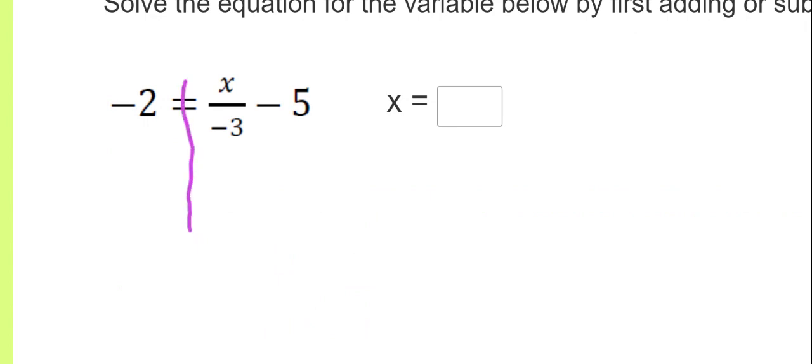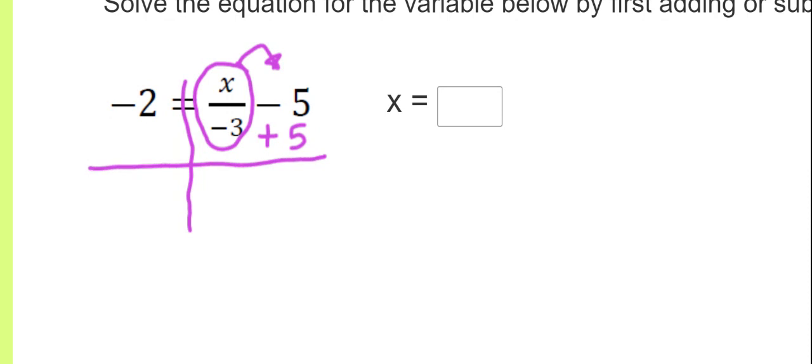Write the whole equation down on your paper, separate the left side and the right side, and then circle the variable term. And then we're going to start on the side with the variable, and we're going to do the inverse of what we see. So subtracting 5, we're going to add 5, and then we go to the other side and we do the same thing. -5, +5 is good.